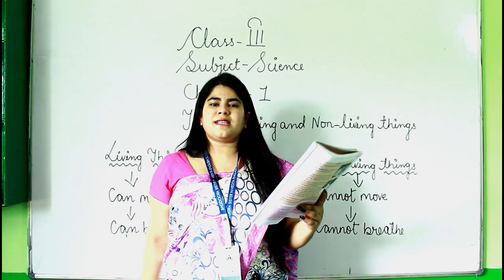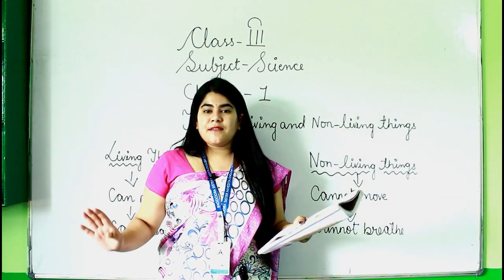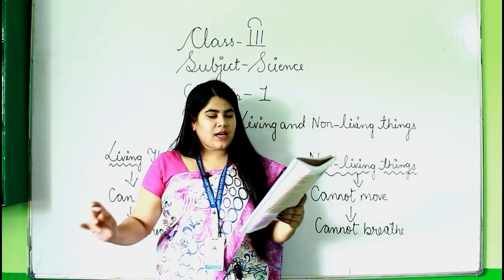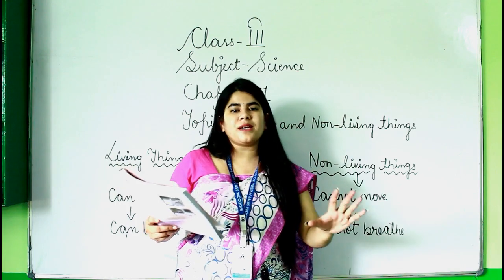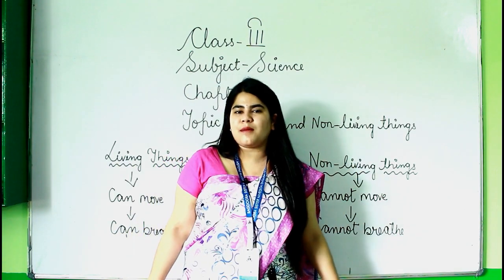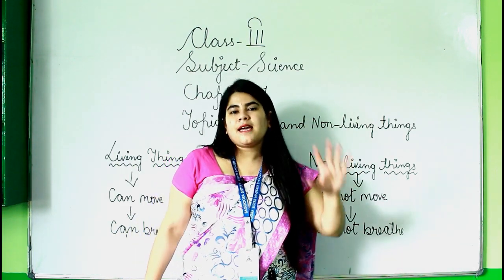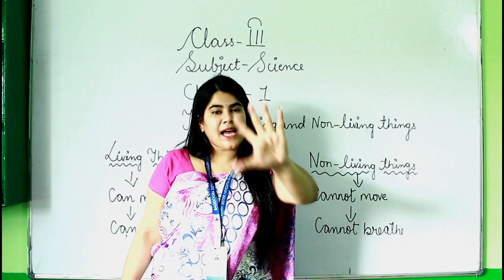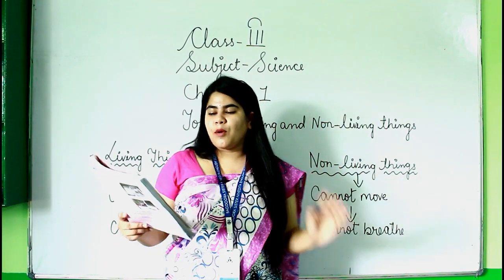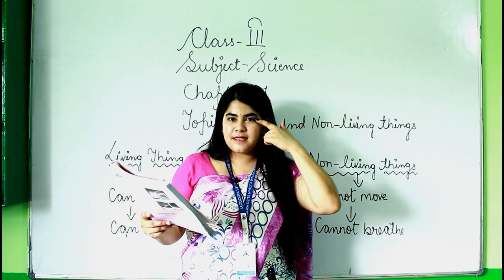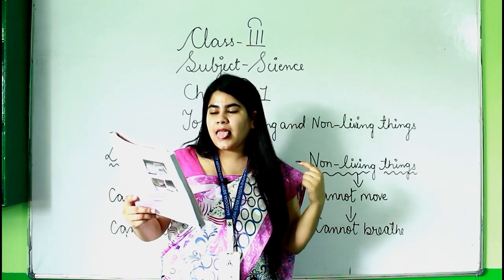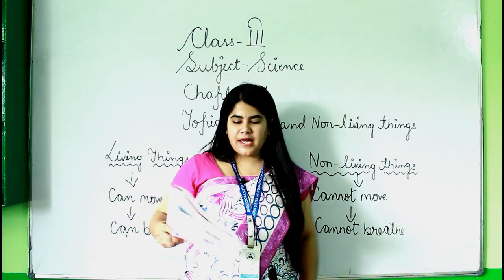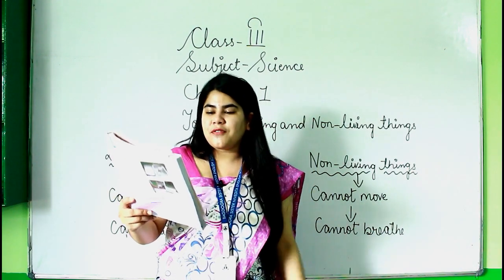Now let's move on to the sixth point. It's living things can feel. Okay, before moving on to this topic, let me ask you a question. How many sense organs do we have in our body? Can you say? Yes, we have 5 sense organs in our body, that are eyes, ears, nose, tongue and skin. Okay, so living things can feel.